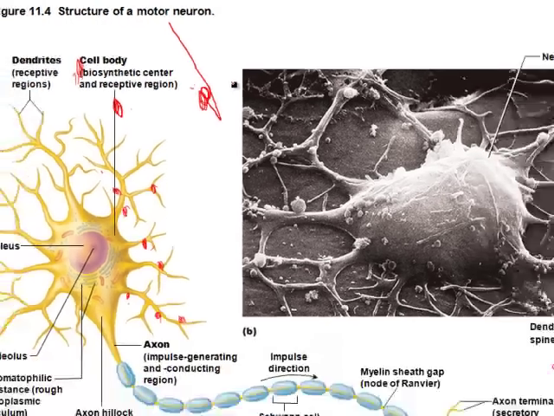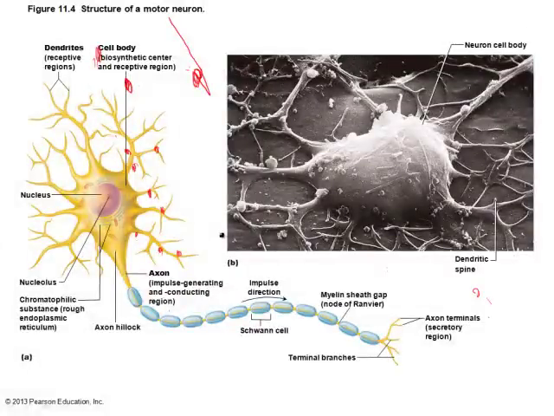So axon terminals here. I know this is a terrible drawing of another neuron that just went through an action potential. What comes out the end of these axons? Neurotransmitter.